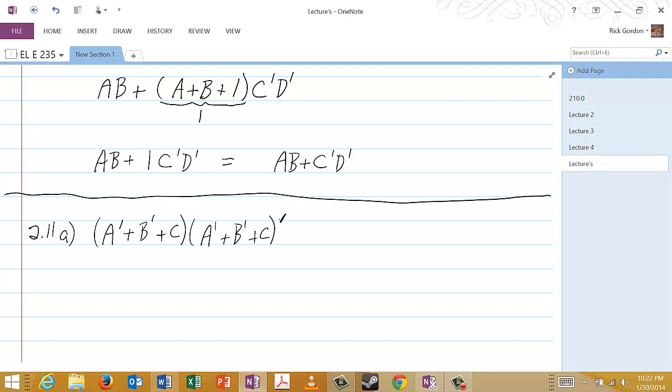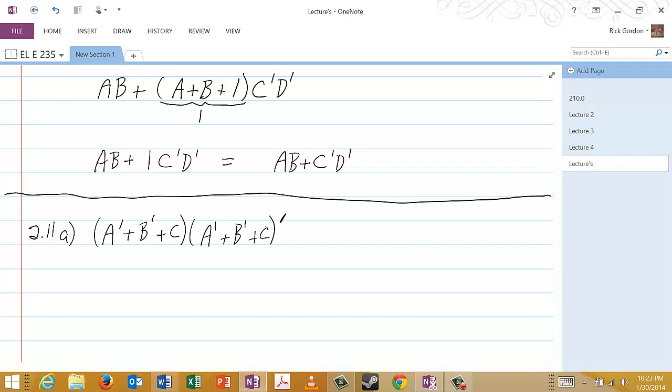And if you look at that, I wouldn't be terribly surprised if your first idea would be to use De Morgan's theorem to try to simplify the second parenthetical term, because after all, this second term here is the complement of a sum, and so you might say that the complement of a sum is the product of the individual complements.